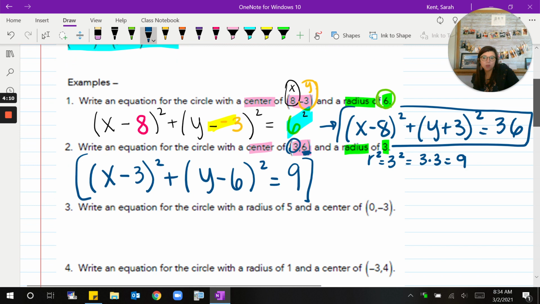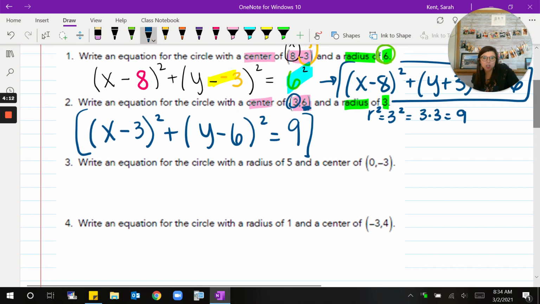All right, we've got 2 more like this, and then we're going to look at some pictures. So on this next one, write an equation for a circle with a radius of 5 and a center of (0, -3).